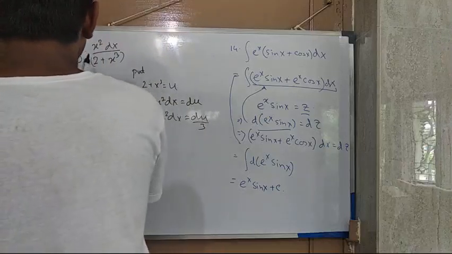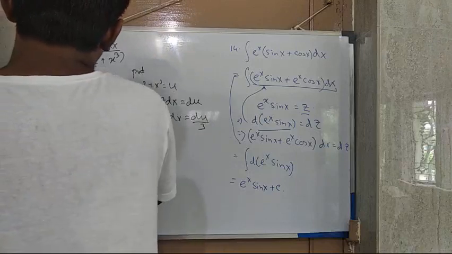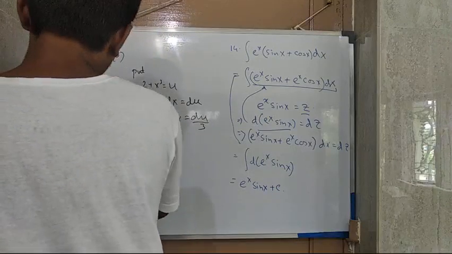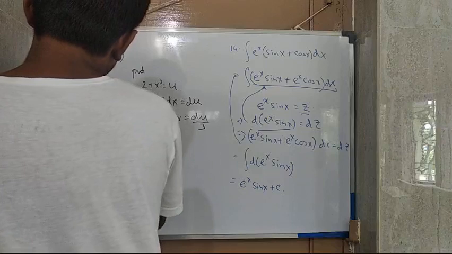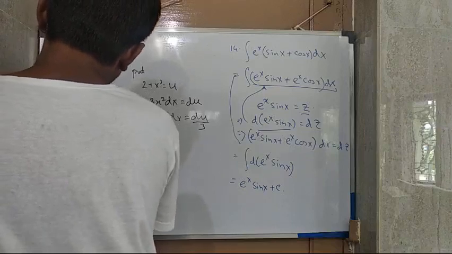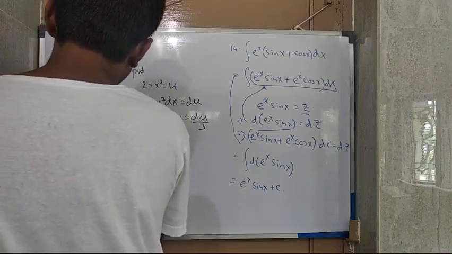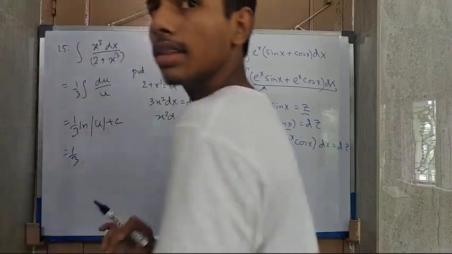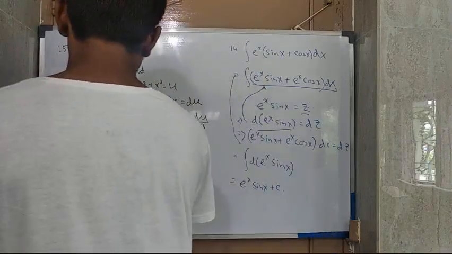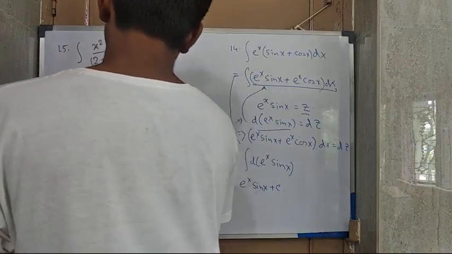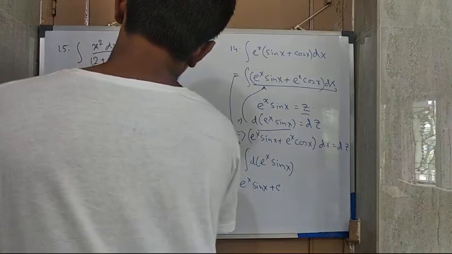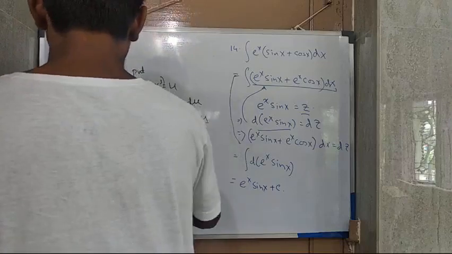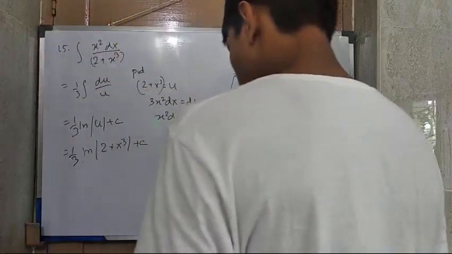So the integral will become 1/3 integral of du by u, that is 1/3 ln u plus c. Substituting back the original variable, it is 1/3 ln of 2 plus x cube plus c. So this is the answer for the 15th question.